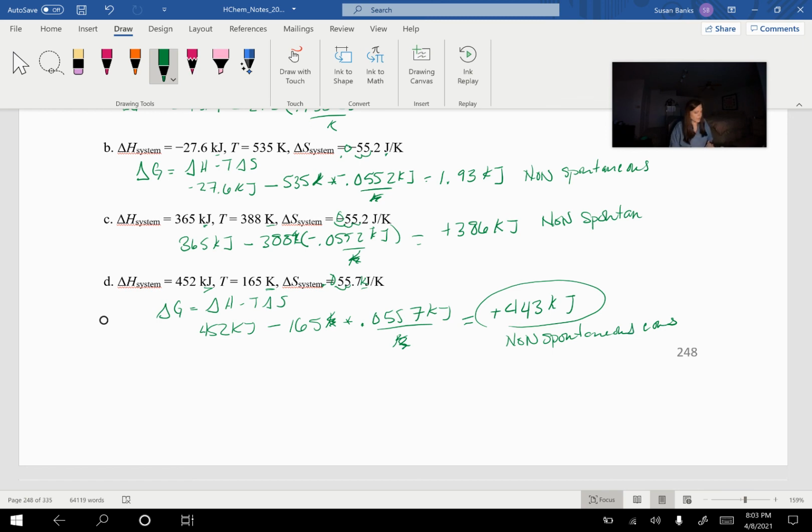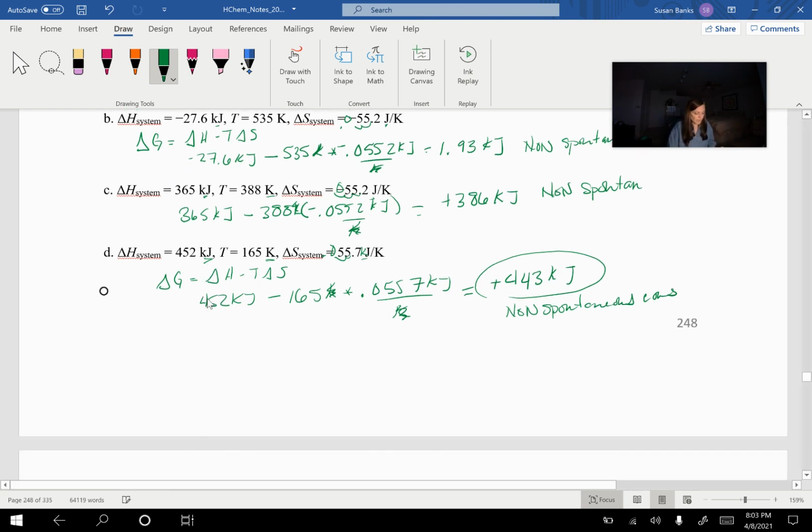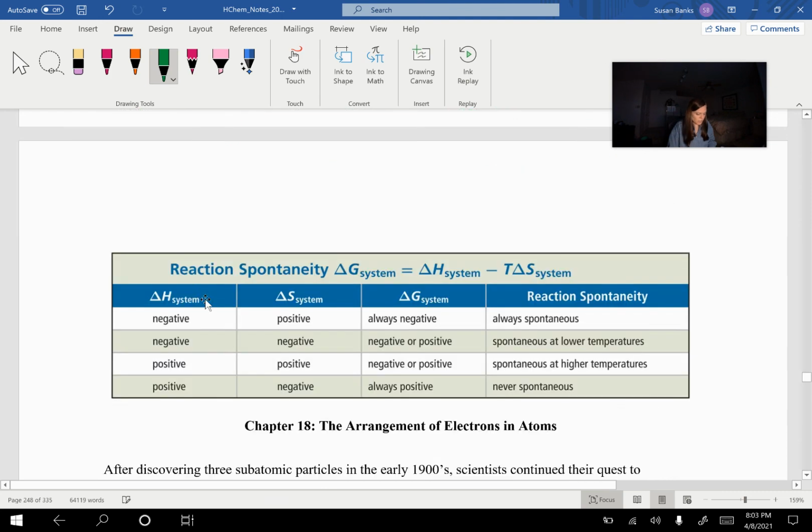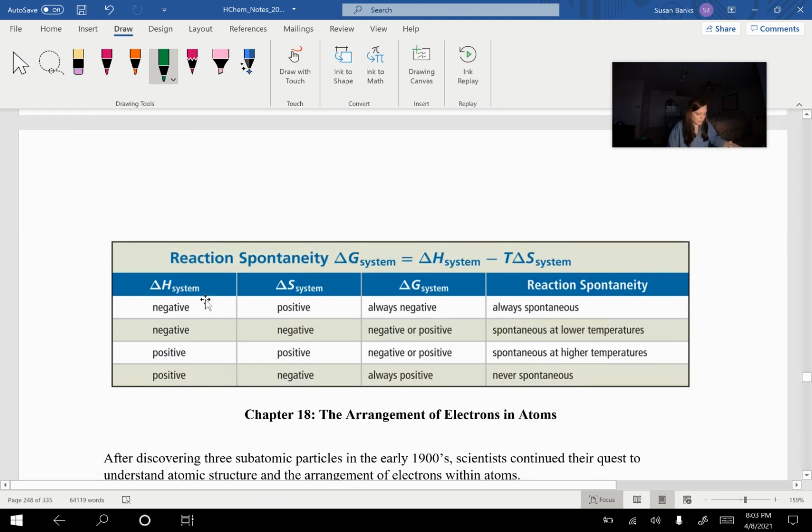Okay, so anytime we have a positive delta G, not spontaneous. Every time we have a negative delta G, it's spontaneous. So I just want you to take a look at this little chart. If I have a negative delta H, that's an exothermic reaction, spontaneous. And I have a positive delta S, that's creating more disorder.